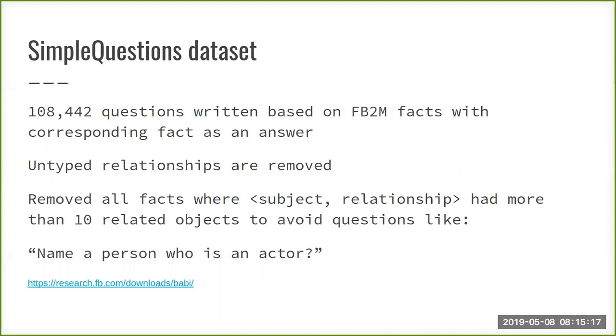They were encouraged in different ways to make these questions as different as they could and skip the questions that they were not sure how to pose properly. Also, not all the facts from Freebase were used to make the questions. They were selected.